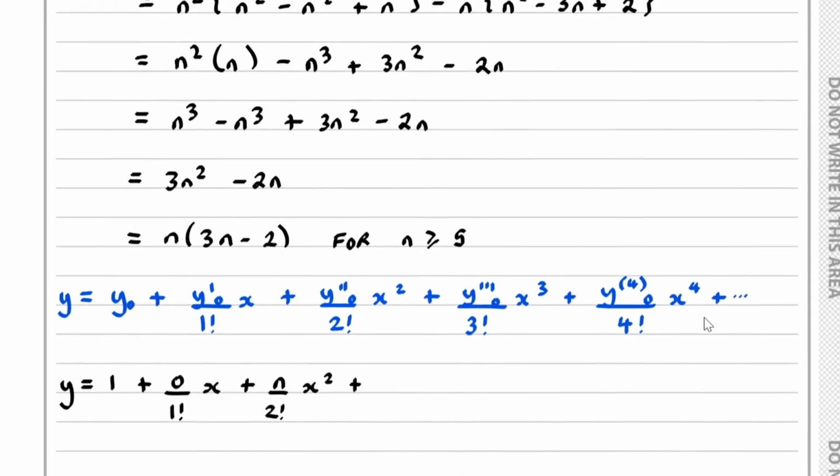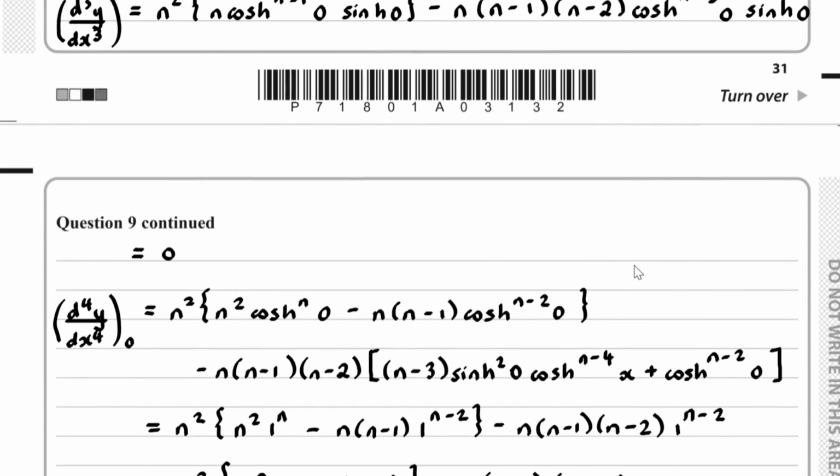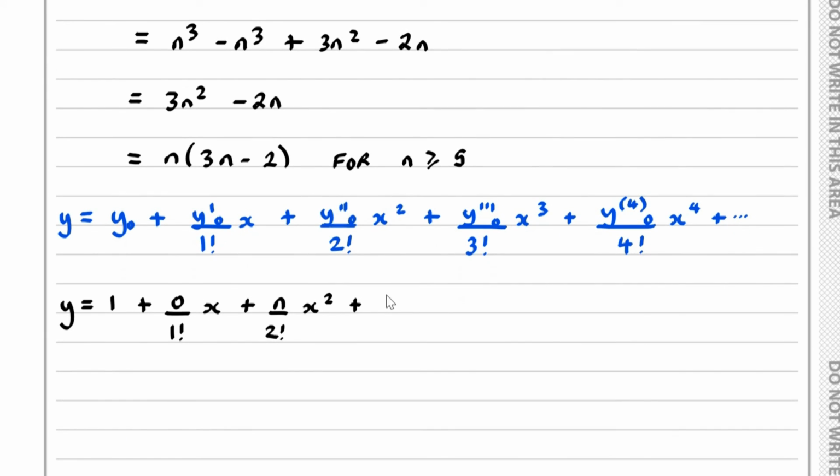The third derivative I worked out to be 0, so I divide this by 3 factorial times x cubed, and the fourth derivative is n times (3n minus 2) over 4 factorial times x to the 4, plus higher order terms.